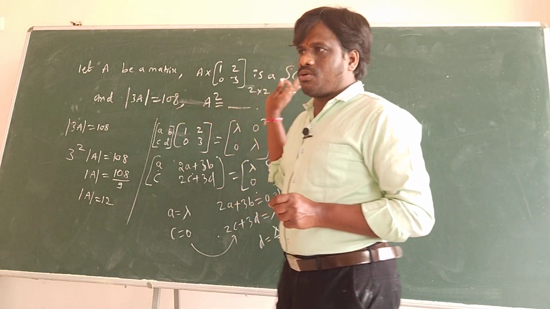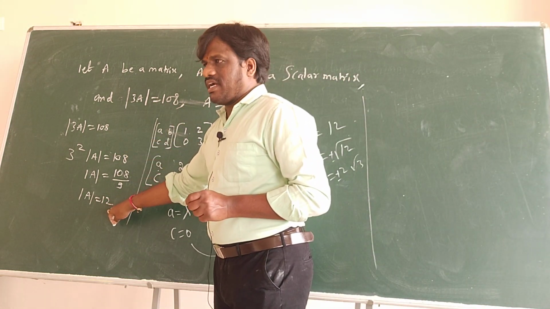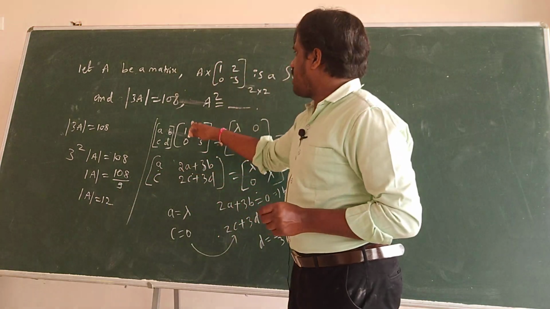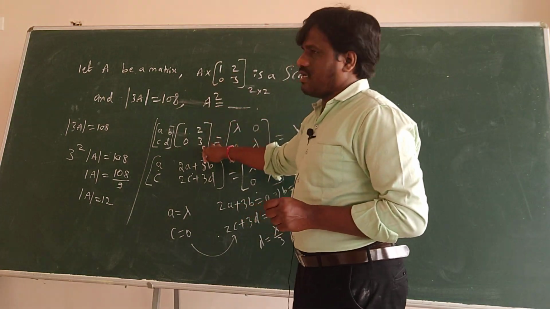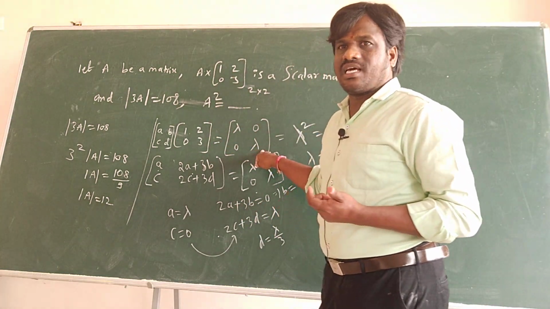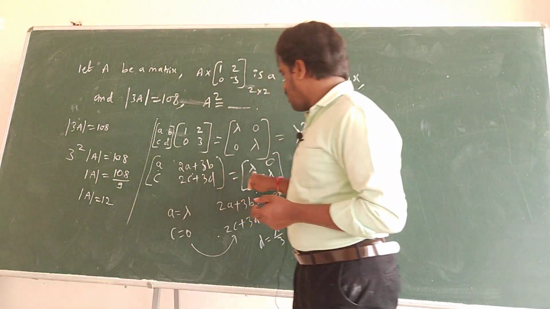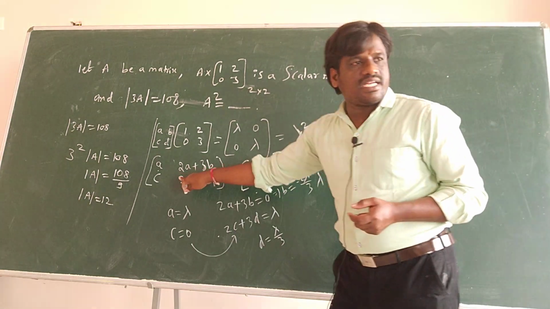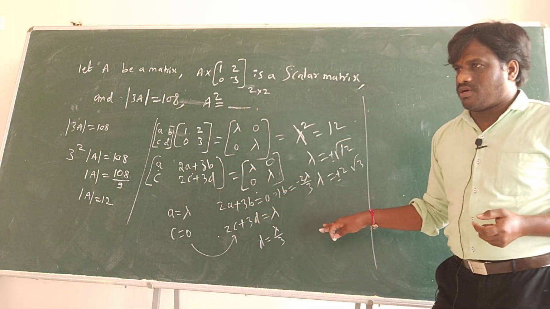A square is equal to how much? So mod A we took, we got 12. Then we took A, B, C, D and we multiplied with this matrix. And this result is a scalar. Scalar means you can take lambda or k, anything. And you multiplied this, you got this. And then equated. A is equal to lambda, these values you got.